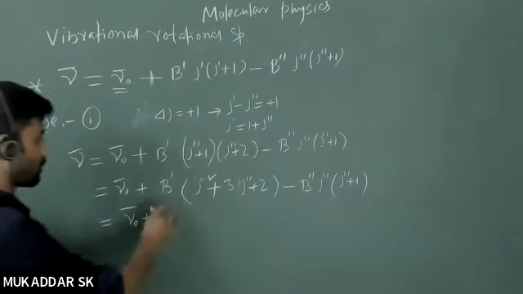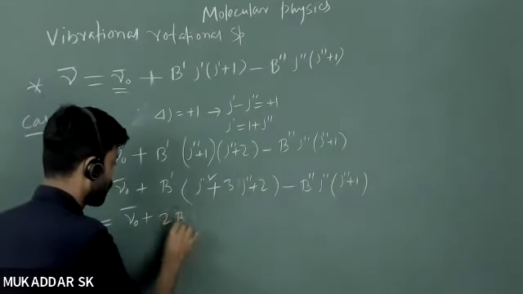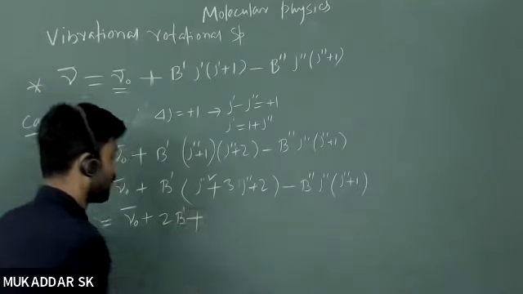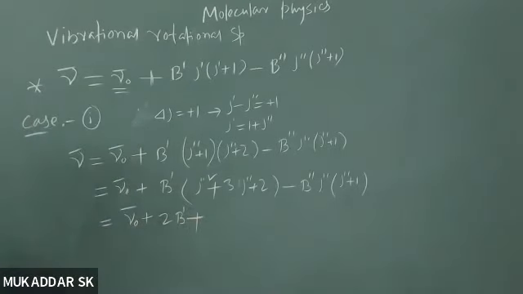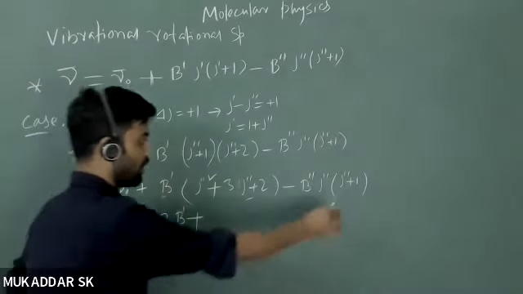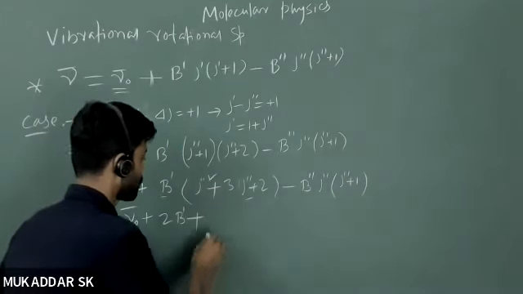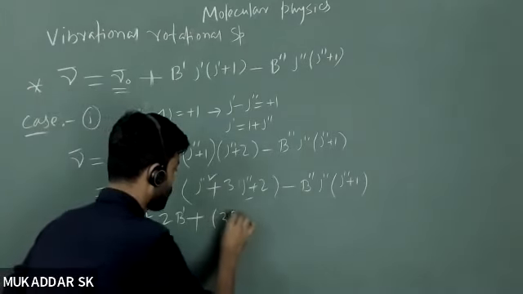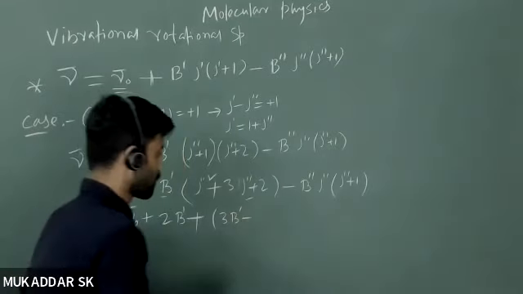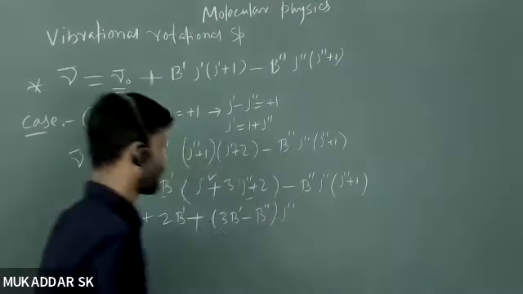First we will have the constant term, that will be simply 2B dash. Then let us take the coefficient of J double dash. From here you will get the coefficient of J double dash, and from here too. So the J double dash coefficient will be simply 3B dash minus B double dash, times J double dash, right?